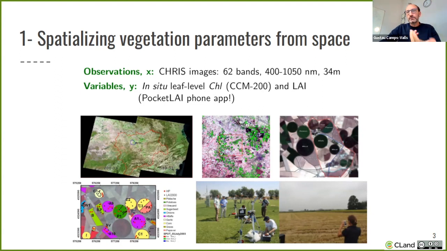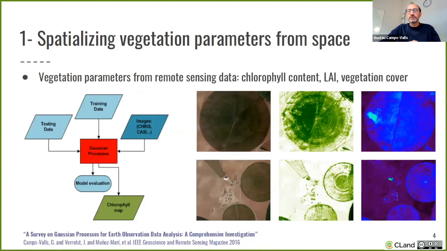Here, we developed a bunch of methods. In particular, one that is actually working very well is Gaussian processes. Not only because once you have trained with these X and Y pairs you can, of course, do predictions for unseen data and generate chlorophyll content, leaf area index or vegetation cover estimates, spatially explicit and also temporally well resolved.